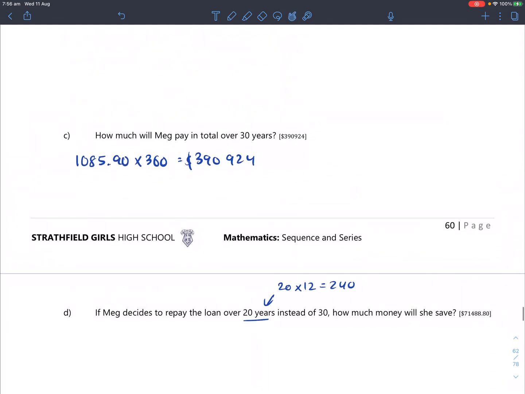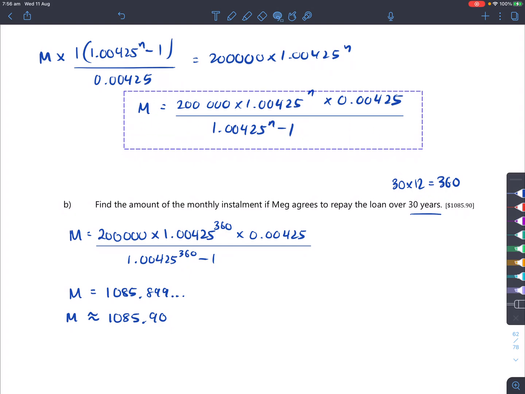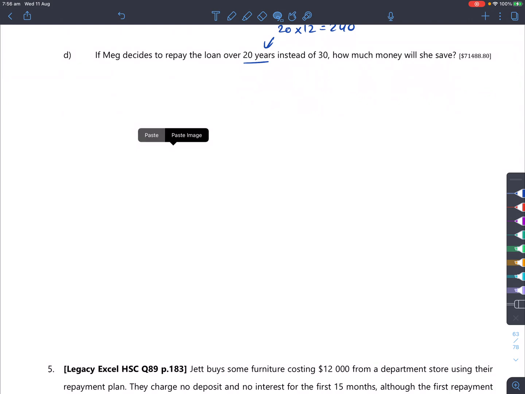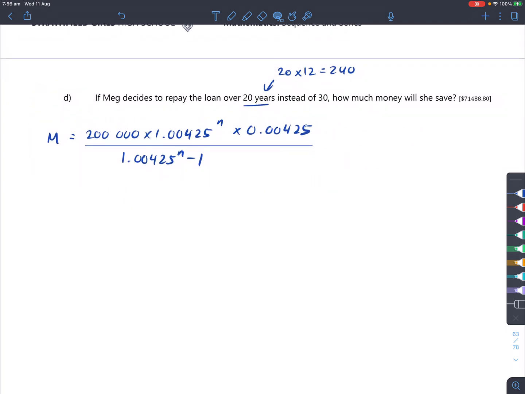And the monthly repayment that you have to get is indicated by this formula, which I'm just going to copy down.